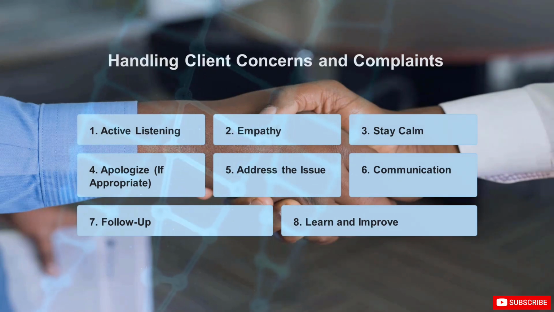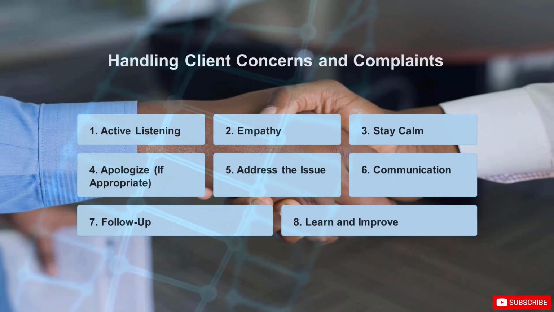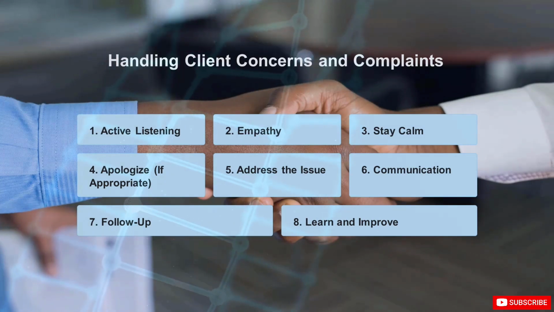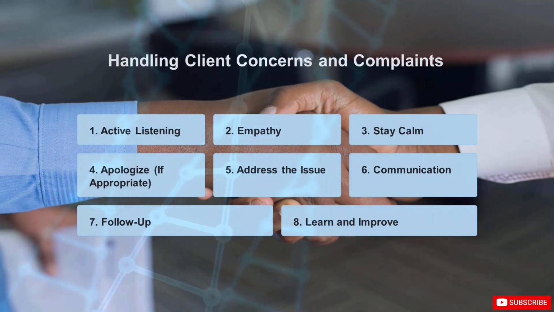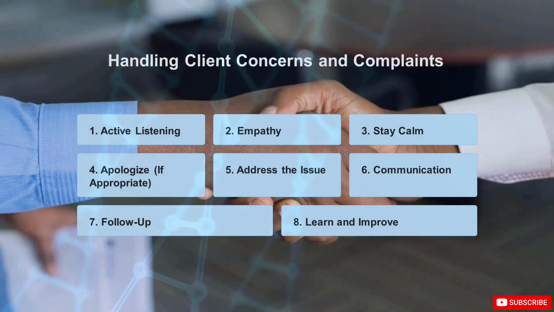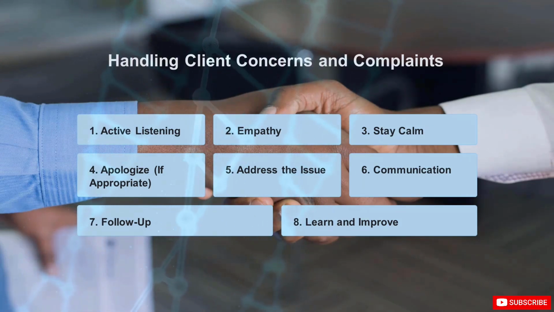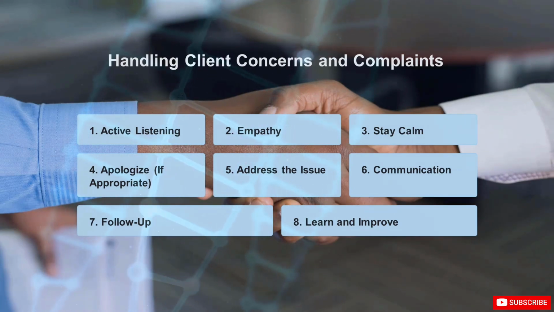4. Apologize, if appropriate. If the client's concern is valid, offer a sincere apology for any inconvenience caused. 5. Address the issue. Address the client's concerns professionally and find a solution to resolve the issue. 6. Communication. Keep the client informed about the steps being taken to address the concern or complaint. 7.